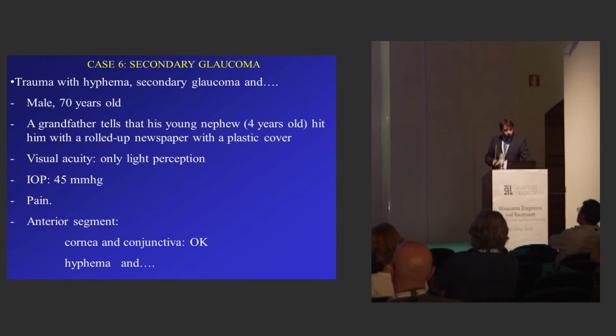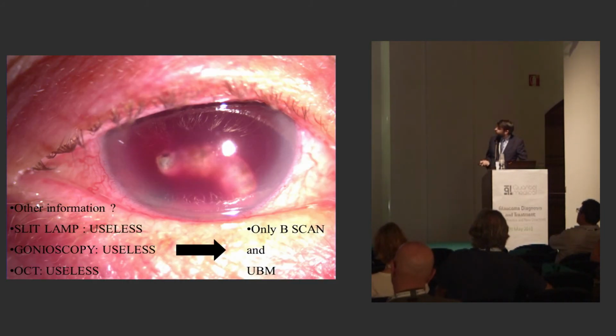In secondary glaucoma, it's important, for example, in a case like this, a grandfather told me that his nephew, only 5 years old, hit him with a rolled-up newspaper. He had pain, a high intraocular pressure, and the anterior segment was this with a hyphema.